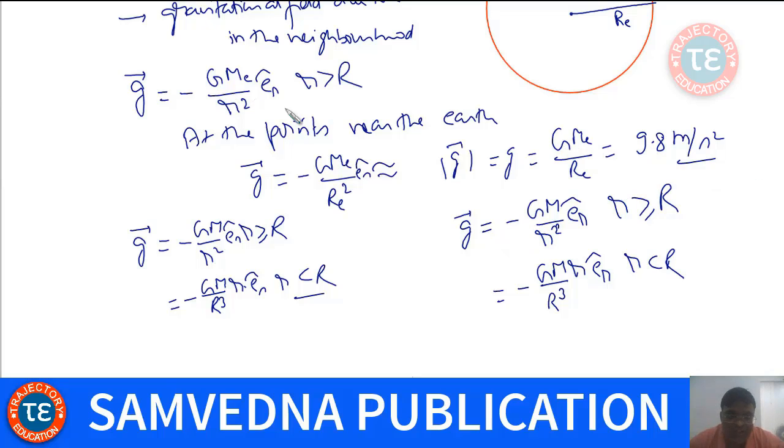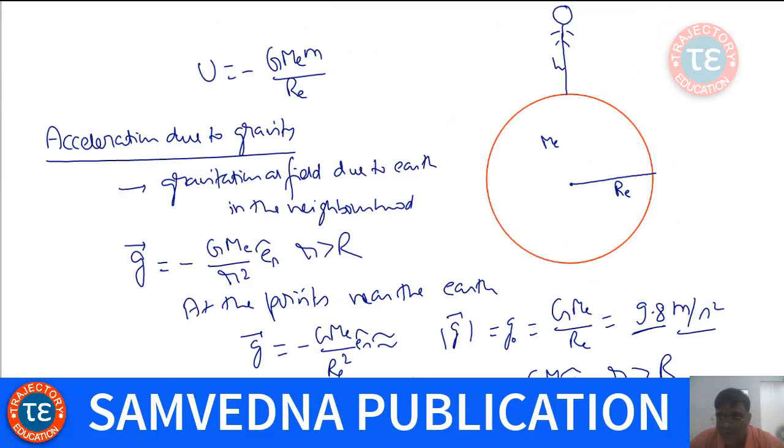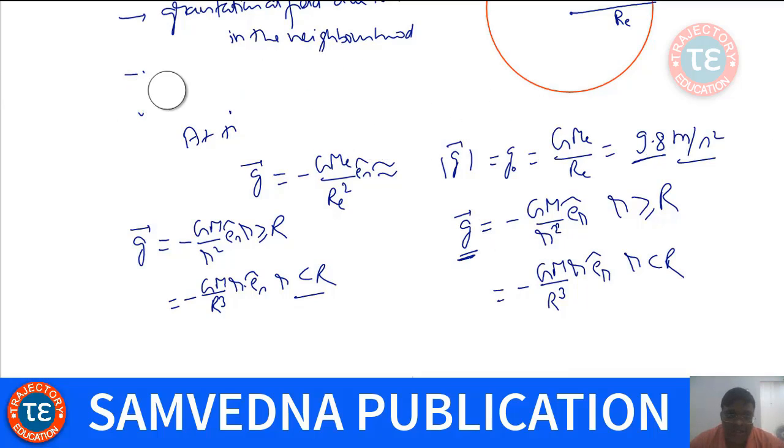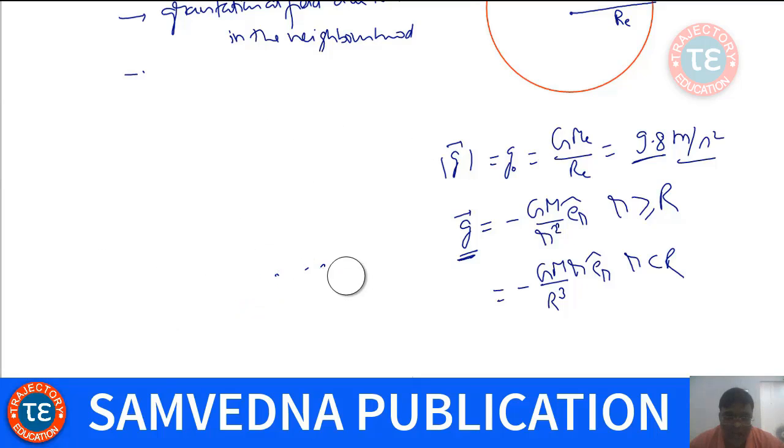And if I want this g in terms of g naught, what is g naught? g naught is the acceleration due to gravity on the surface. If I want g outside and inside in terms of g naught, how can we do this? I am trying to express acceleration due to gravity outside the earth in terms of acceleration due to gravity on the surface.